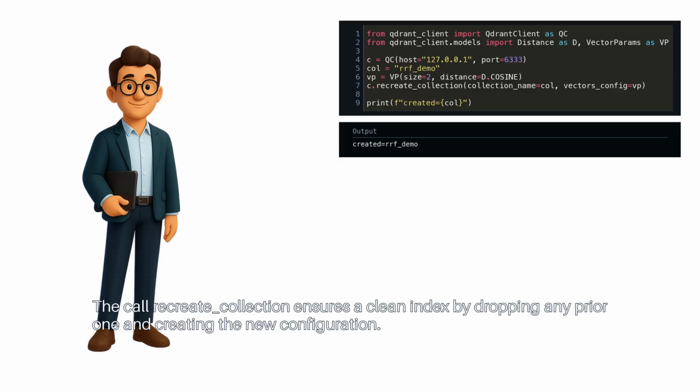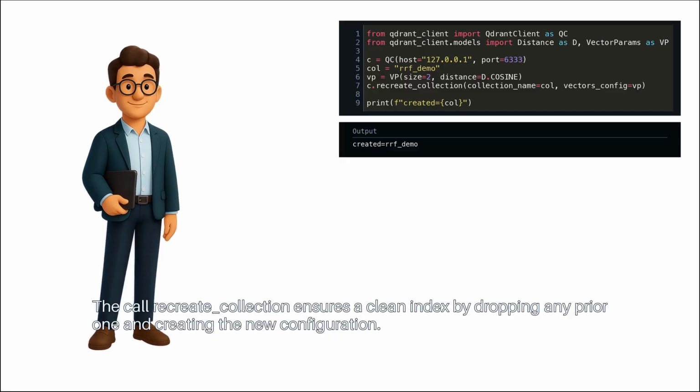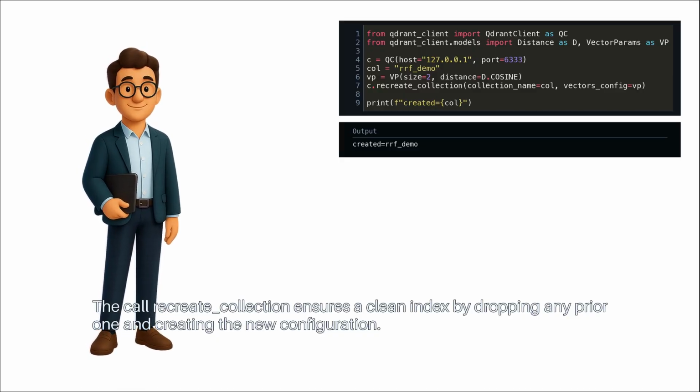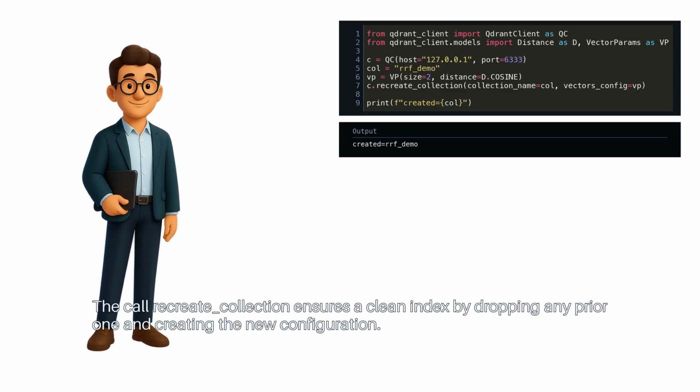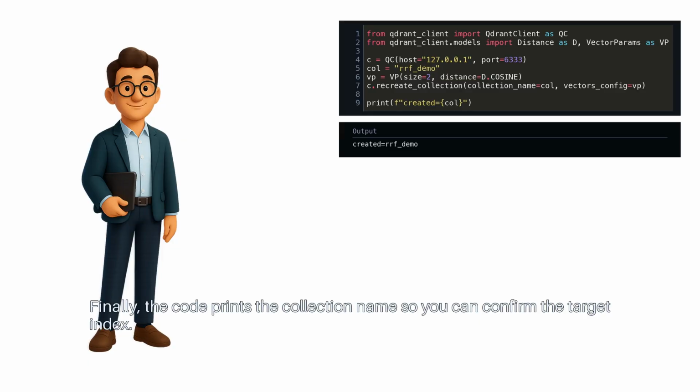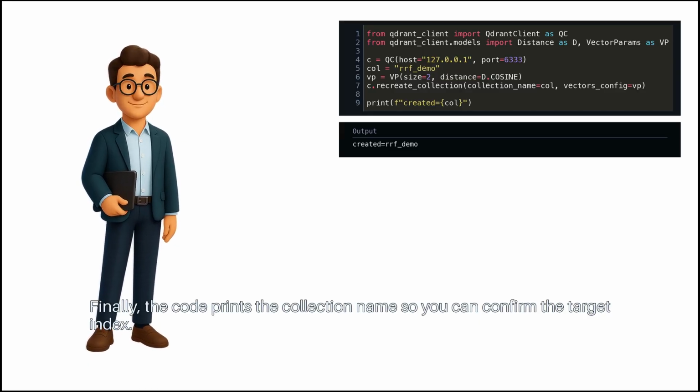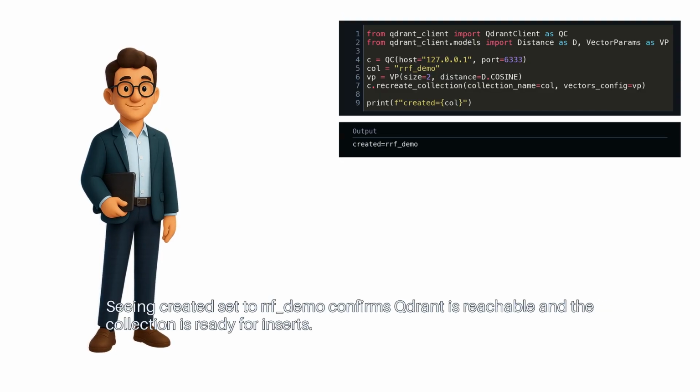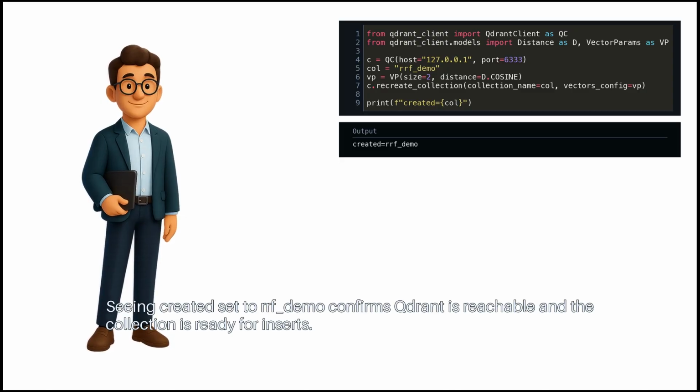The call recreate_collection ensures a clean index by dropping any prior one and creating the new configuration. Finally, the code prints the collection name, so you can confirm the target index. Seeing created RRF demo confirms Qdrant is reachable and the collection is ready for inserts.